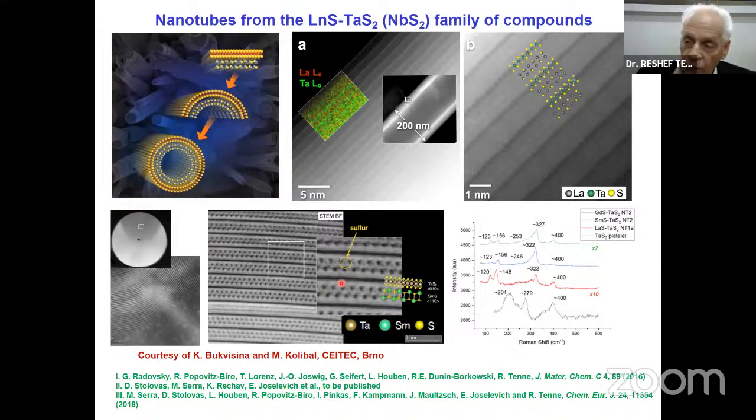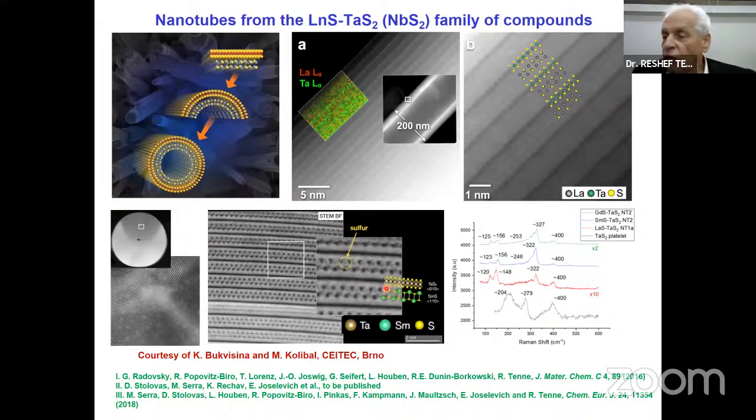We have a very powerful TEM microscope with a very able microscopist, Lothar Houben, and we can see atom by atom, see the arrangement of the atoms, and understand the structure much better and understand the stability criteria for this nanotube. Basically, the stability stems from the charge transfer from the lanthanum sulfide to the tantalum disulfide.